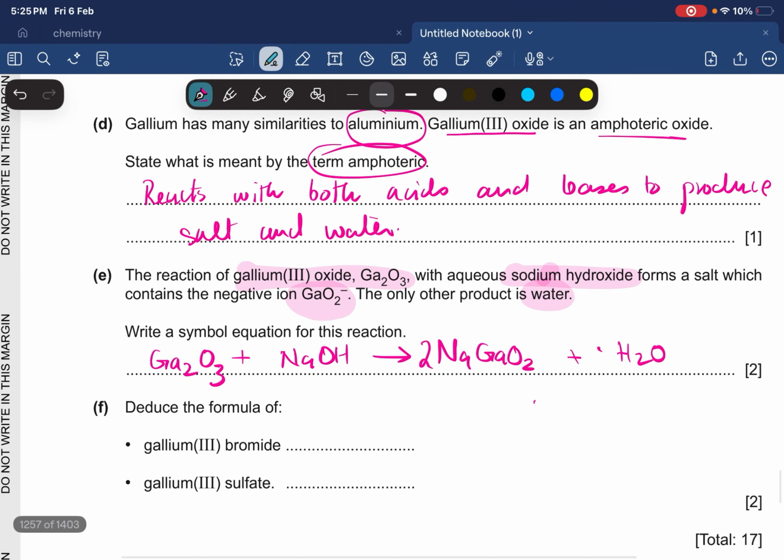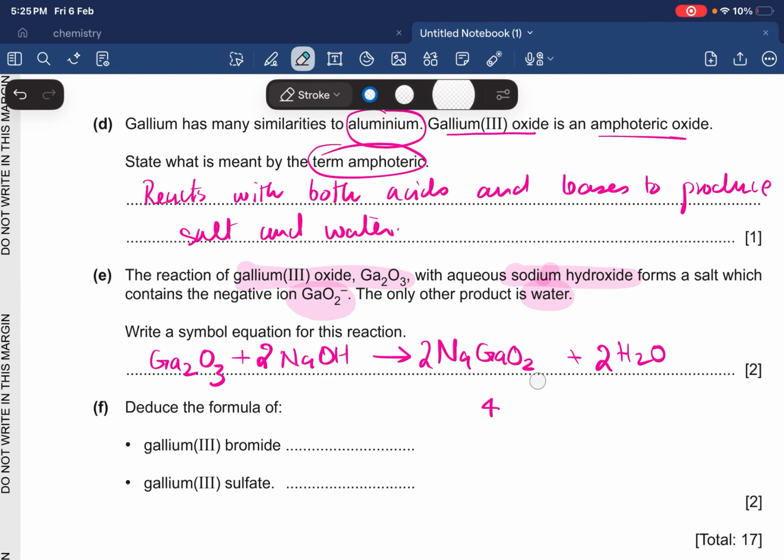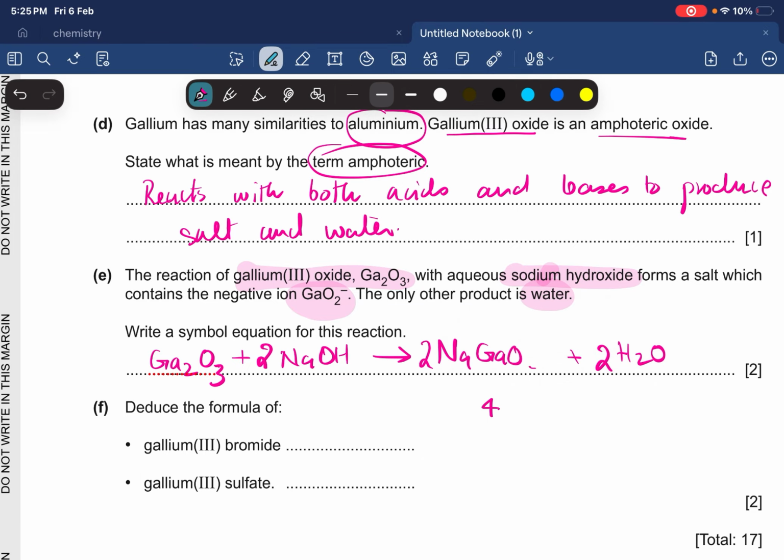So we're going to put a 2 here to balance out the sodiums. Are we balanced? Okay, so we have 2 galliums and 2 galliums, 2 sodiums and 2 sodiums.